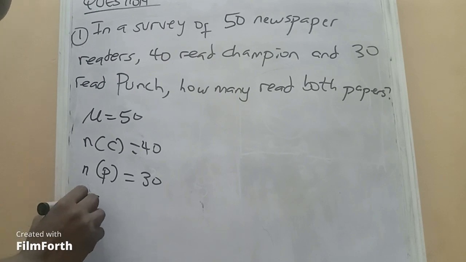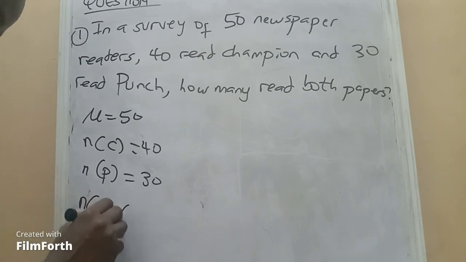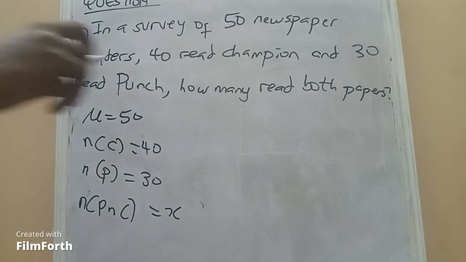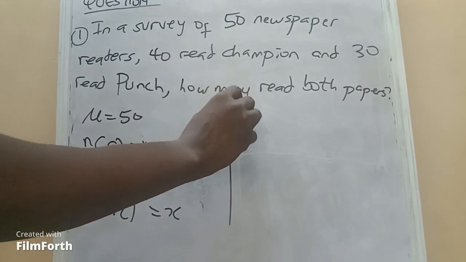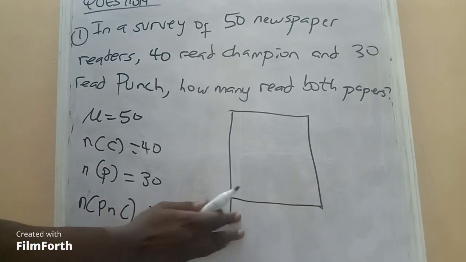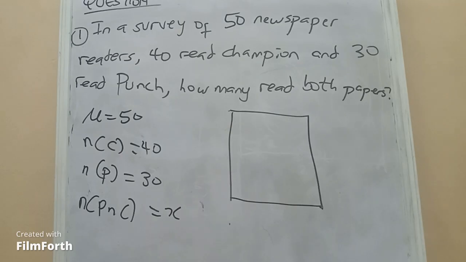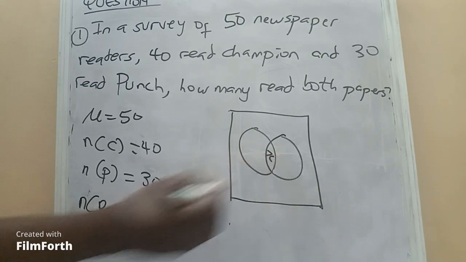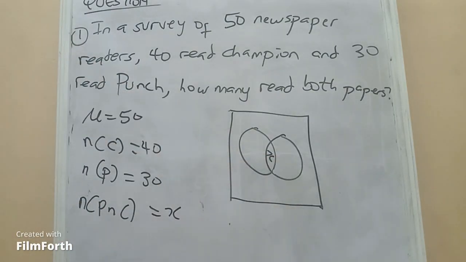That is, P intersection C is X. Then we are looking for this. You can easily represent this in a Venn diagram. And P intersection C means that they actually intersect, which means the intersection part is going to be X.